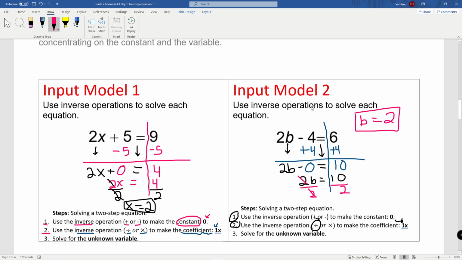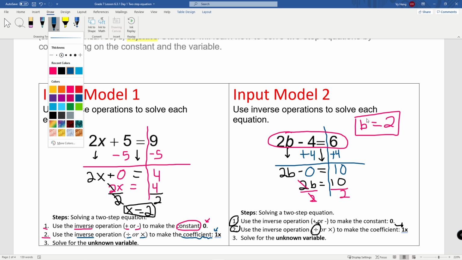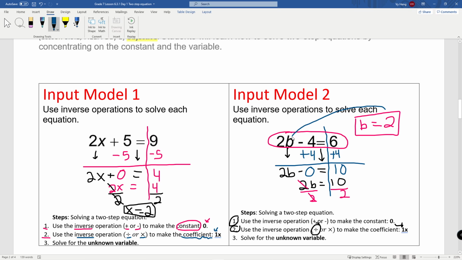Now, how do we know if it's correct or not? Well, let me show you. We're going to take this equation from the beginning, and we're going to plug in b, the unknown variable. We're going to plug in that 2 for b right here, to know whether or not this is actually correct, because sometimes we get it wrong.